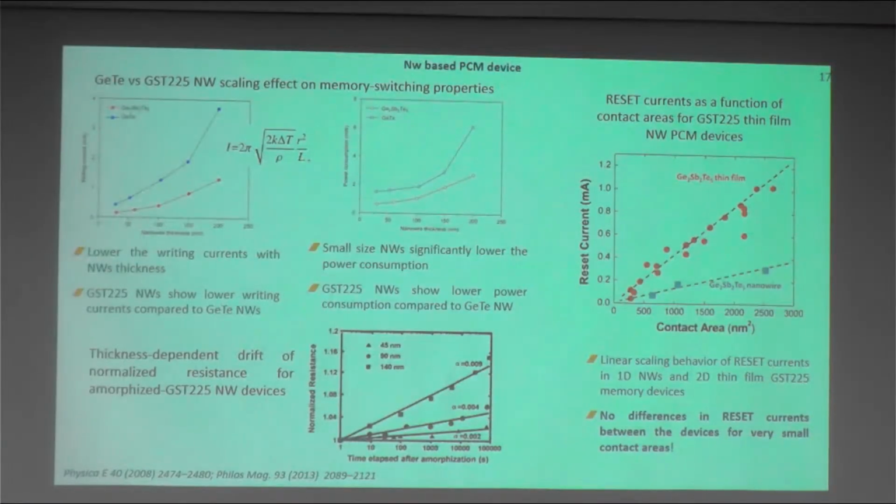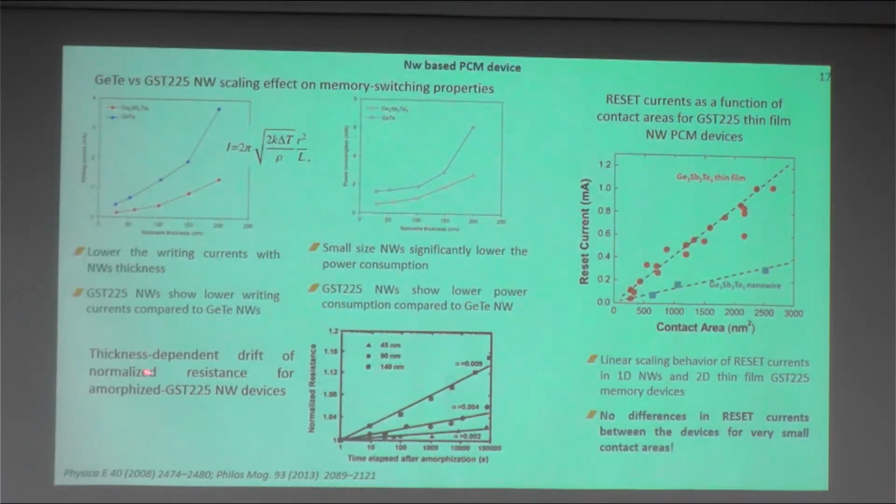So we can also think, if you produce a very thin film, let's say 20 or 30 nanometers, and look at it in one direction, it can be represented like a nanowire. So with the reducing of thin film size, we can also get similar properties in the reset current as for nanowire.